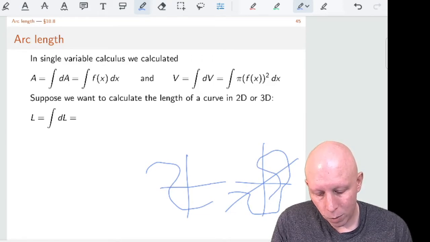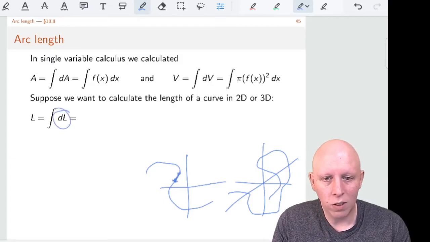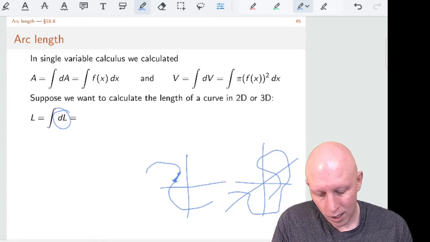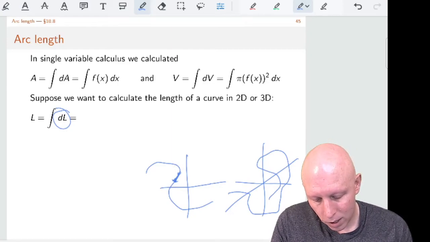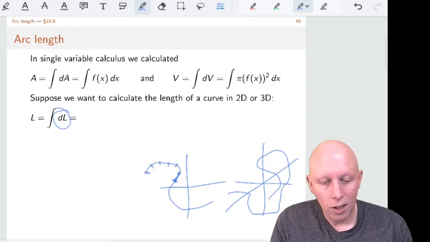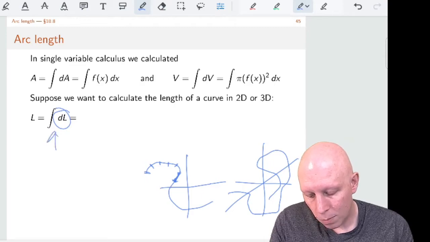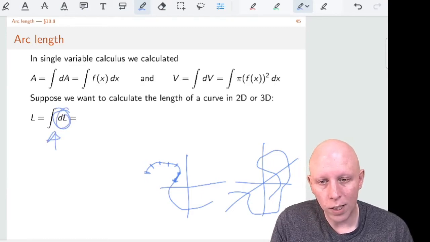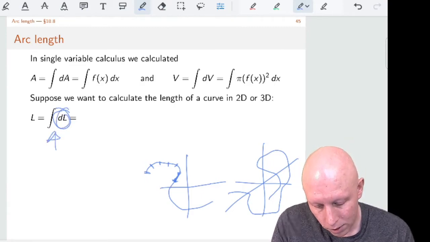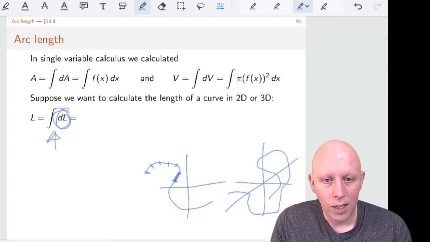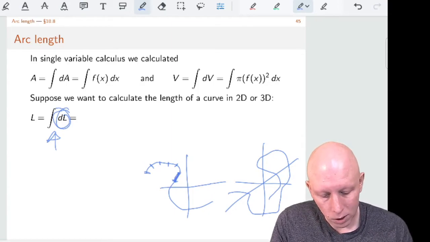And if we want to calculate the length of this curve, then we're going to break it up into a whole bunch of little bits of length. So the length of the whole thing is equal to a whole bunch of little d lengths from the start to the end. And so what we need to do is come up with an equation for what the length of a little tiny bit is in terms of our functions.